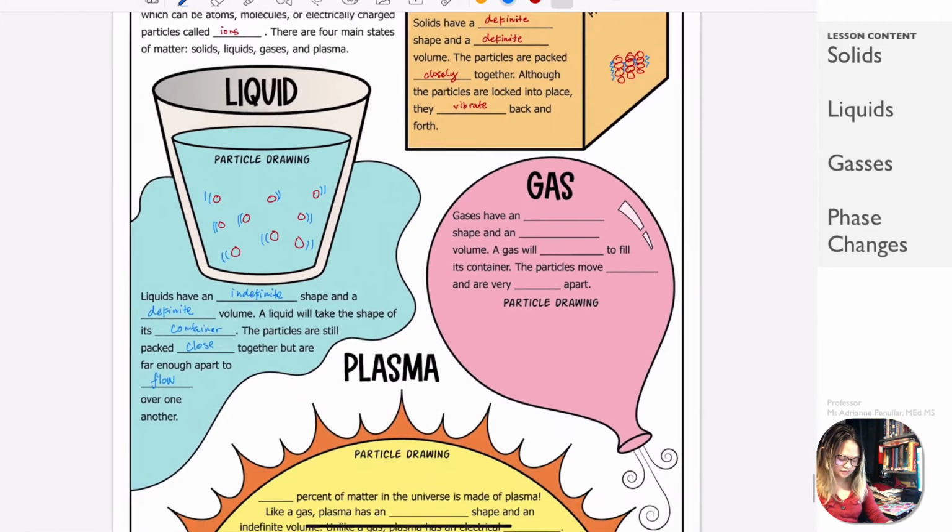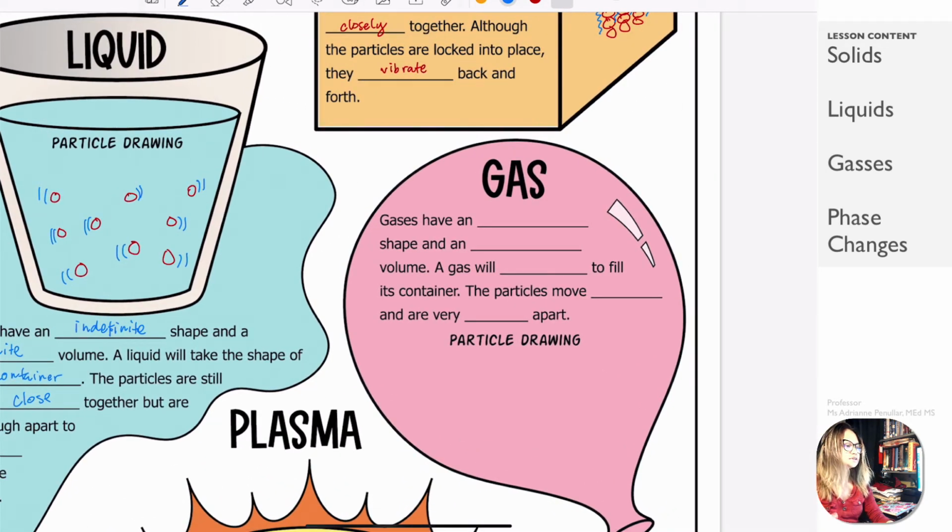they are in solids. Gases have indefinite shape and indefinite volume, so they can just take the form of their container. A gas will expand to fill its container, and the particles move faster.